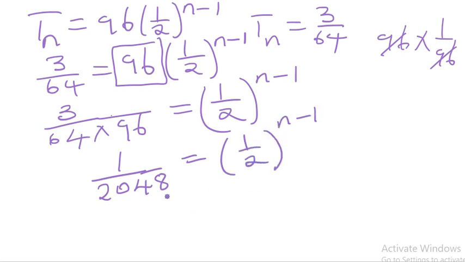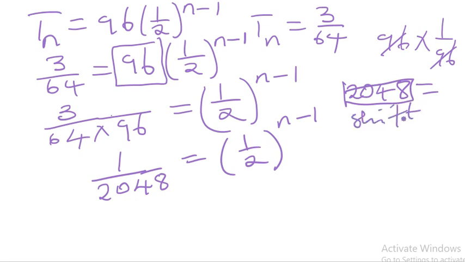Now, at this stage, what you need to do is to take out your calculator. Press 2048, and then you press the equal sign. From there, you press shift. After pressing shift, you will see a sign called fact. You press it.